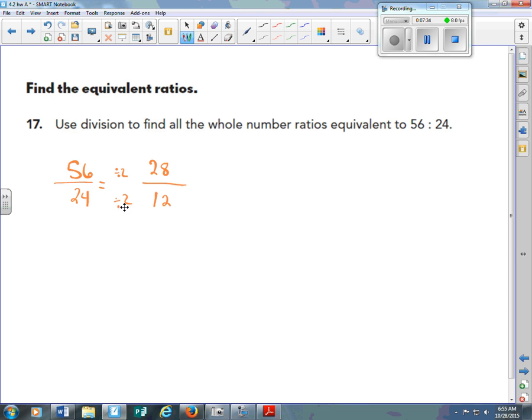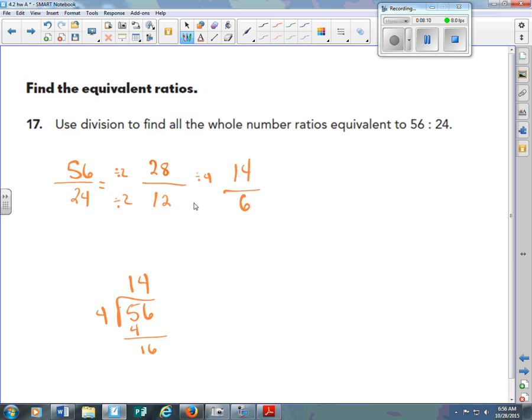What happens if we divided by a larger number? Does 3 work? No. Does 4 work? 4 goes in. So 56 divided by 4 goes in 14 times. So we know that divided by 4 is going to be 14, and 24 divided by 4 is 6.